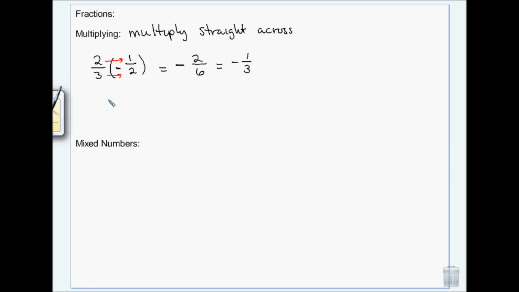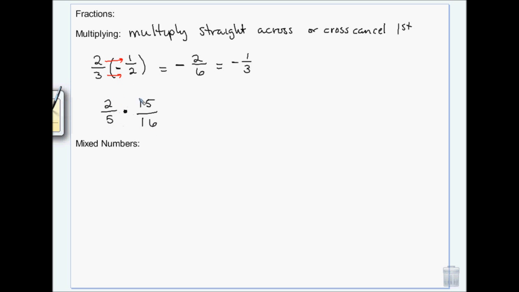Or I can cross cancel. To cross cancel, what I do is I look at these two numbers and these two numbers. 2 and 16, will they divide by the same thing?